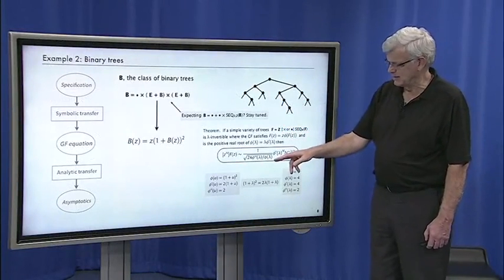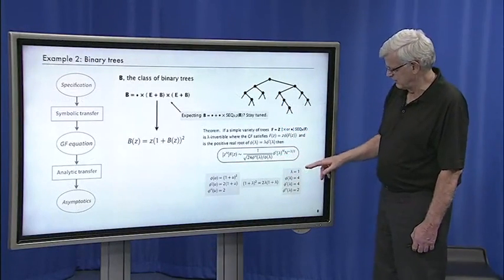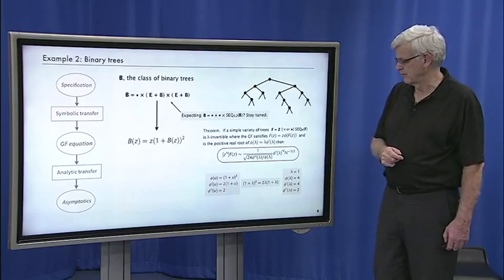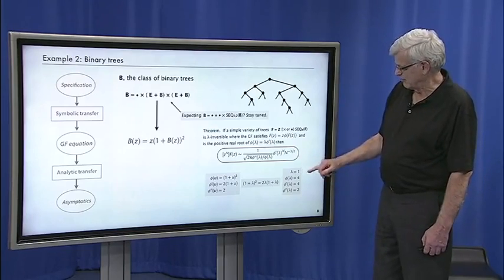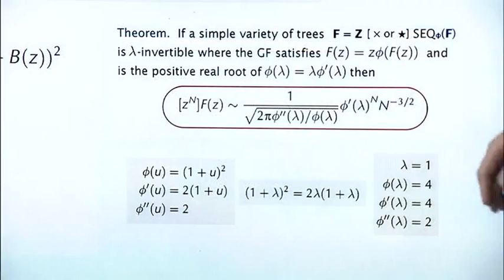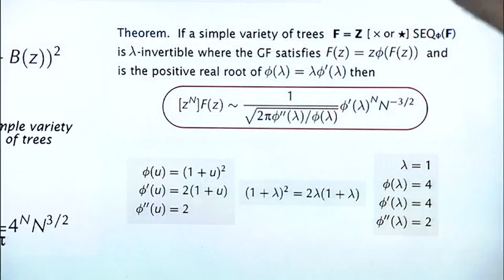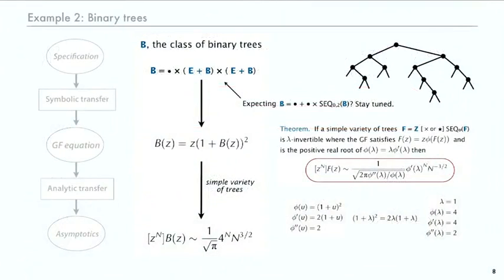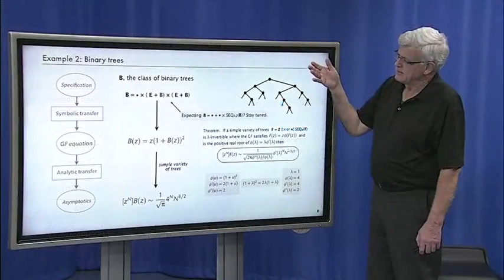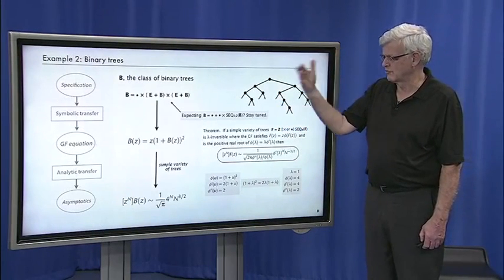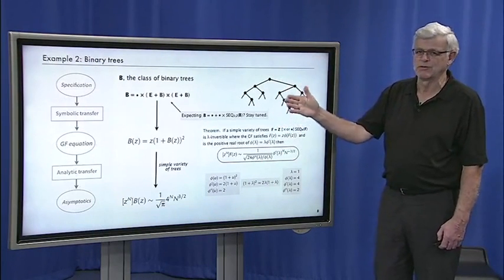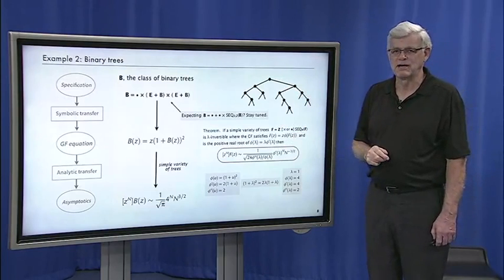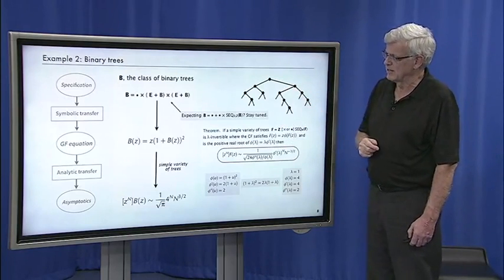And then evaluate the characteristic function and its derivatives at lambda, and we get 4, 4, and 2 in this case. So that means the exponential growth is 4 to the n, and the 2's cancel, and we simply get 1 over square root of pi, 4 to the n over n to the 3/2. Again, immediate transfer from the construction to a generating function equation to coefficient asymptotics. That's analytic combinatorics.